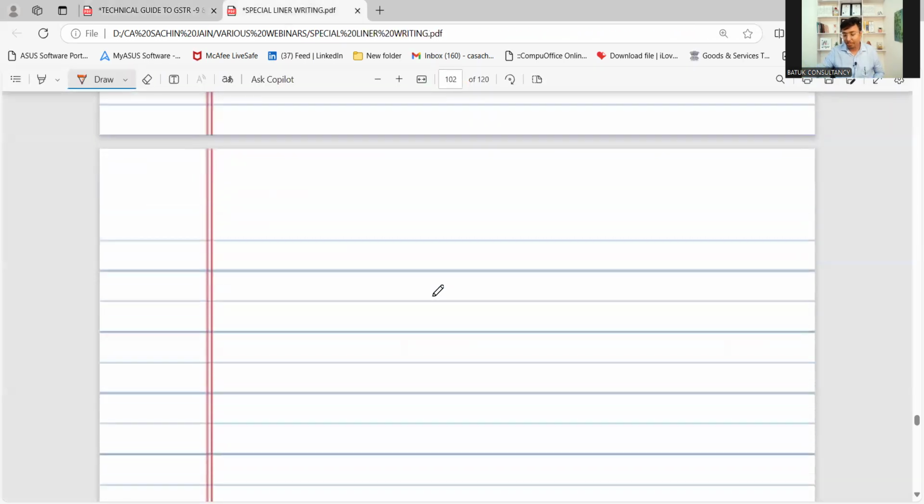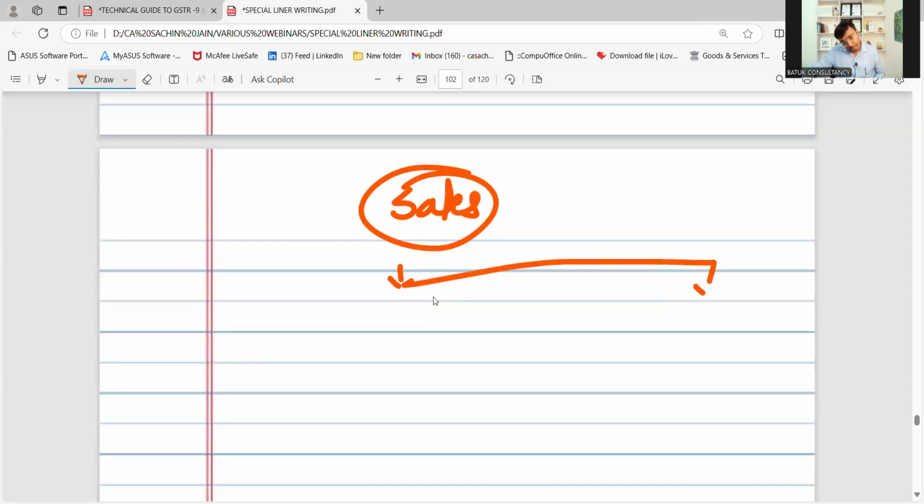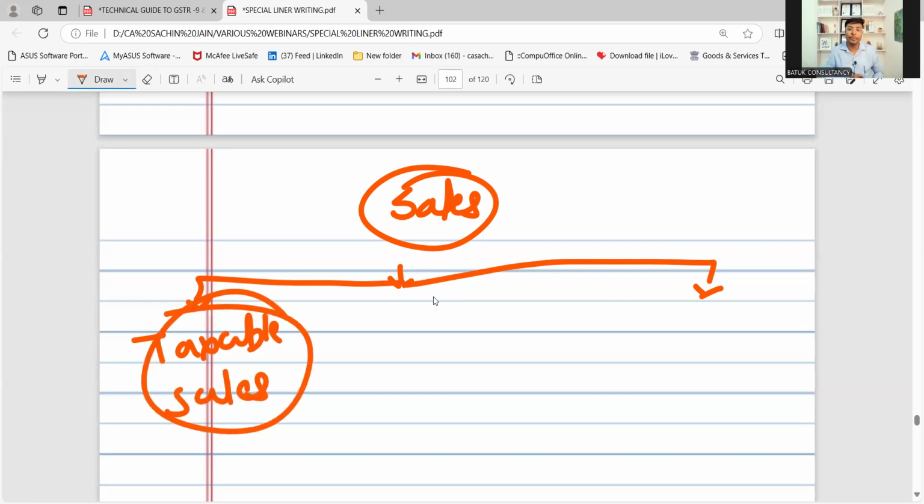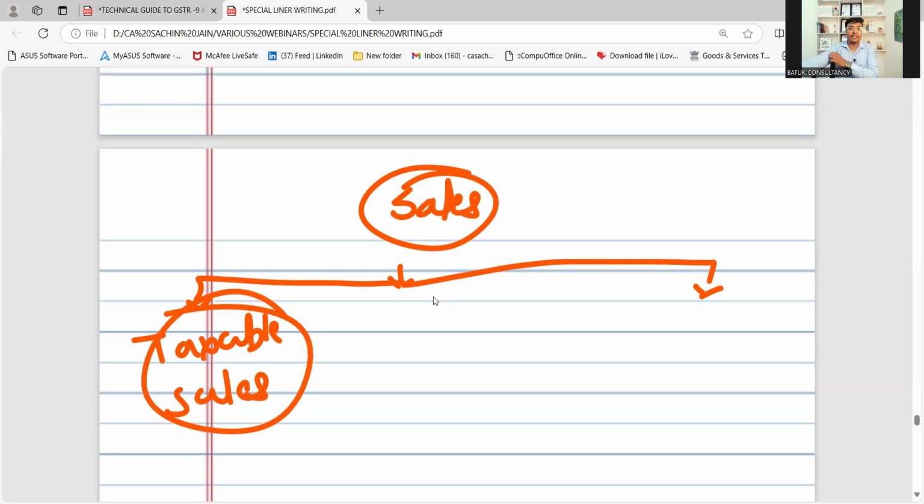Now, till now we have covered the concept of taxable sales.